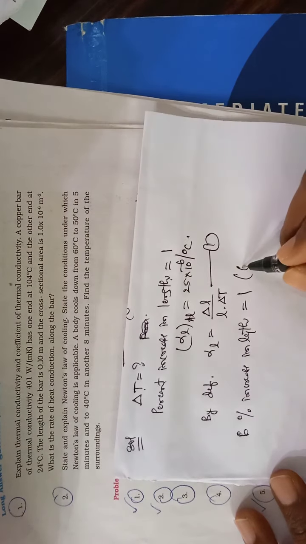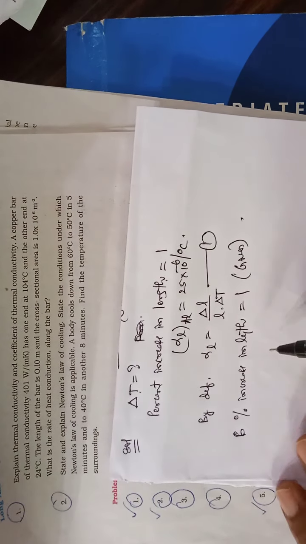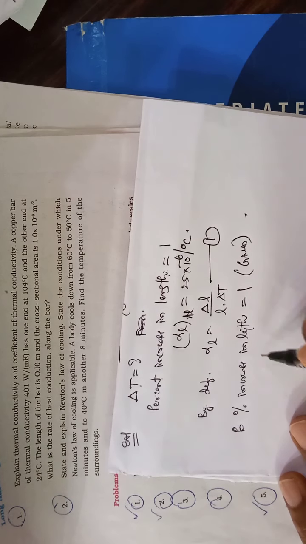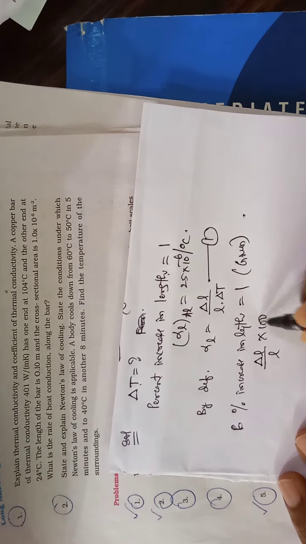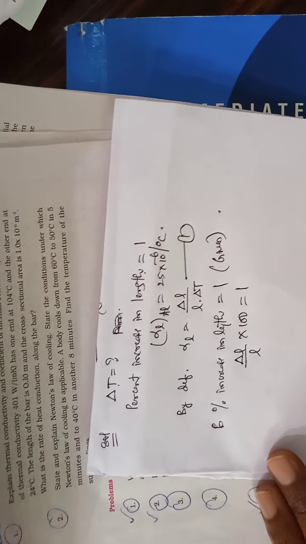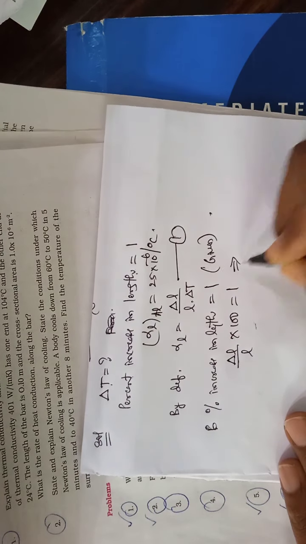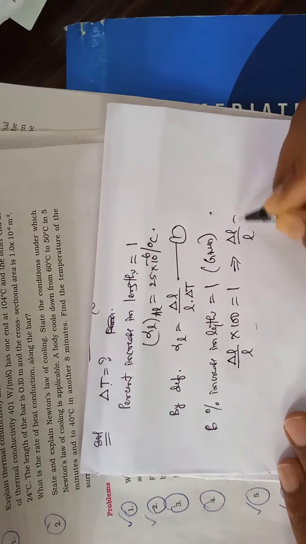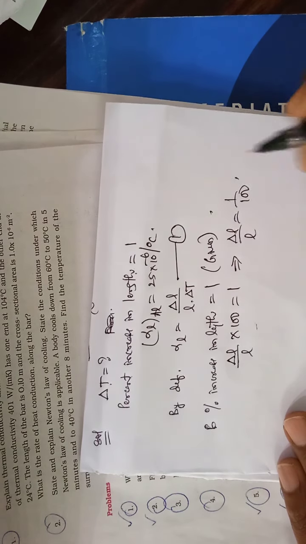This is given. Percent increase means change in length by original length into 100. That value is given. From this, delta L by L becomes, taking the 100 to the other side, 1 by 100.